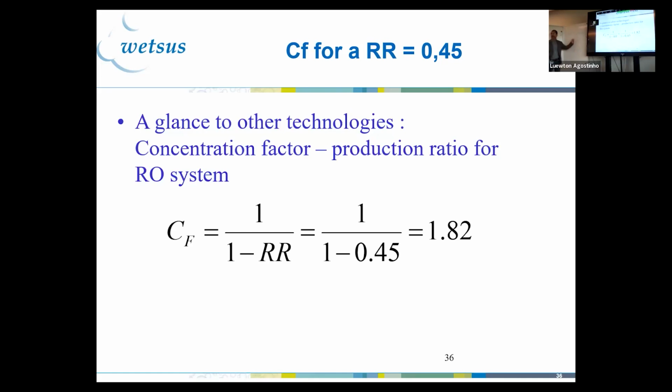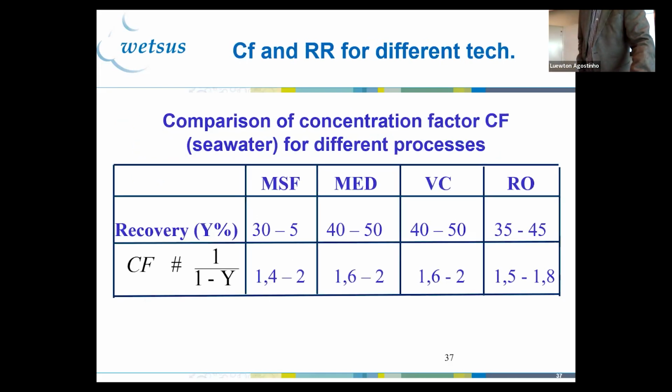And this 55, 45, when you do the salt mass balance, gives you a concentration factor of 1.82, meaning you start with 35 grams per liter of salt and you end up in your brine with approximately 60. Okay, so a little bit lower than 2.